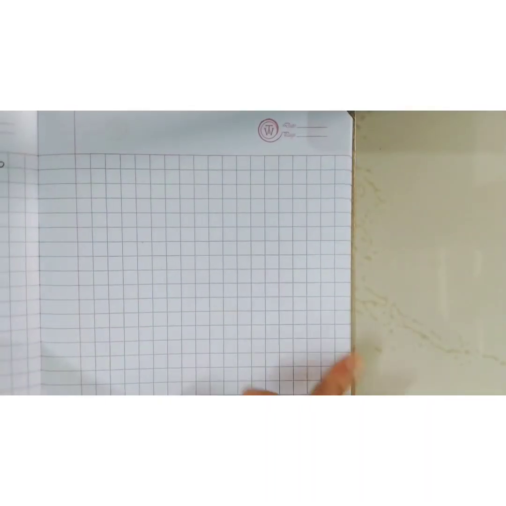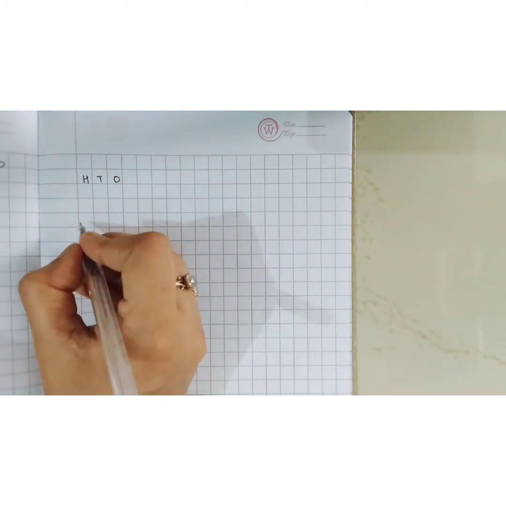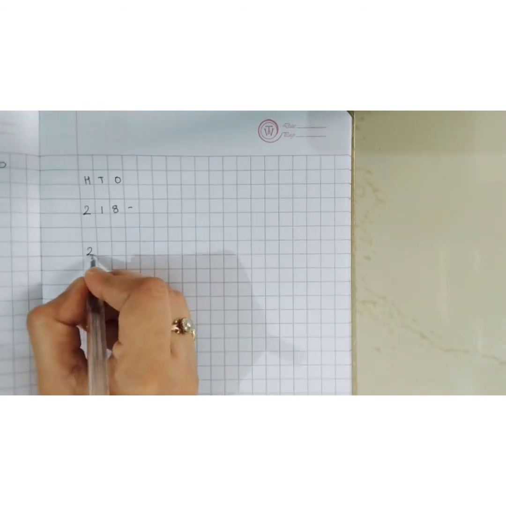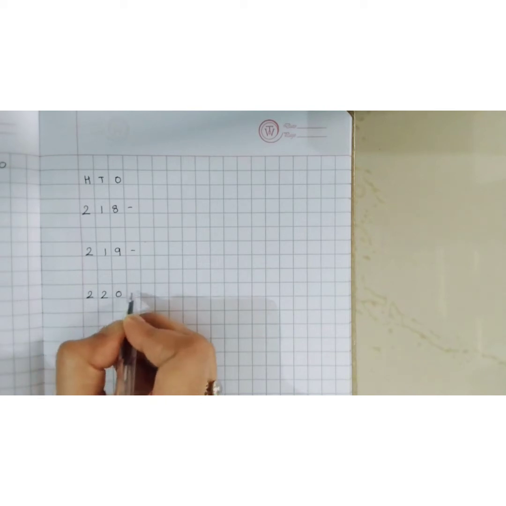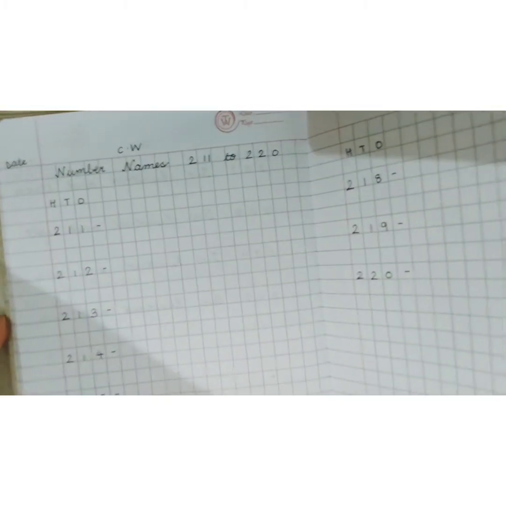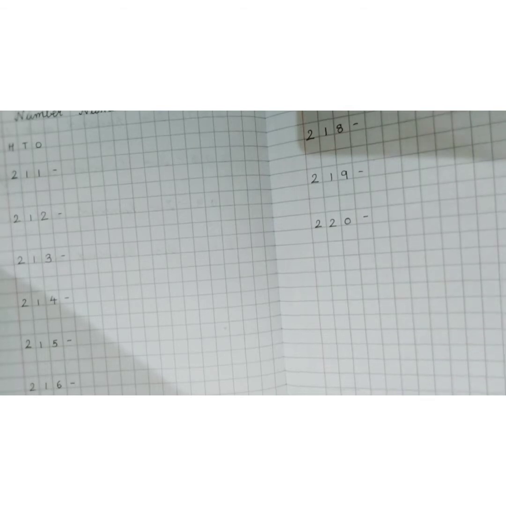After 217, we'll move to next page. We'll write HTO again, and then we will start writing 218, 219 and 220. After this, we will start writing the number names from 211. So let us start.